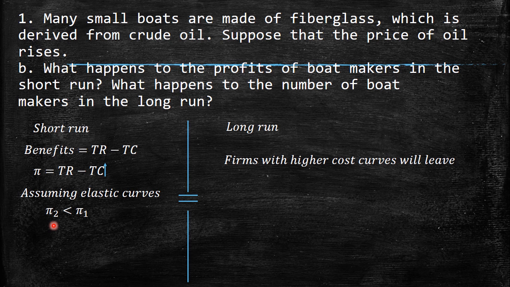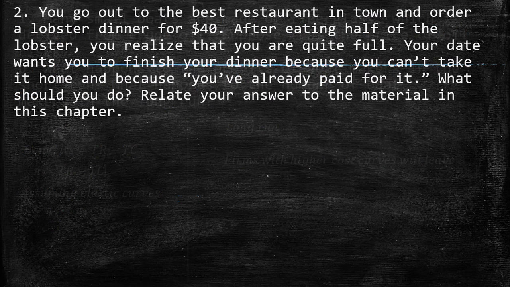So the idea is that in the long run, the number of boat makers will decrease. So that's the basic idea. Because remember, your supply curve is going to start from the total cost, not from the variable cost, because in the long run there are no fixed costs. So the variable costs are exactly the same as total cost.